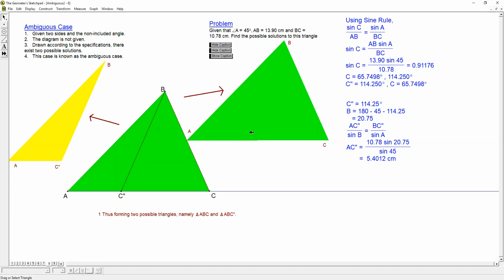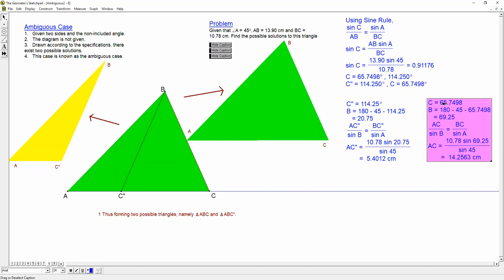How about the other triangle with the acute angle? Okay, we look at the other angle, right? So the other angle C here, we branch off and find the other angle B. Now this angle B is a narrow angle. This angle B is a wider angle. So the wider angle, same thing. You use 180 minus the two angles, you will get the third angle B. So this one is a bigger one, 69.25.